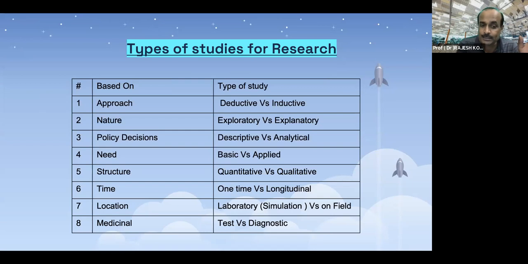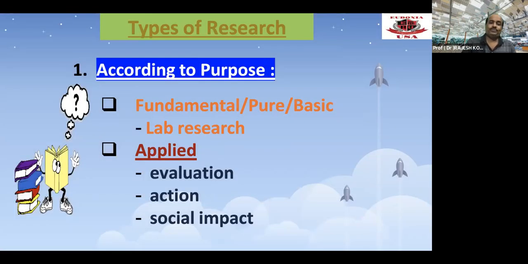Time, depending upon the availability of the researcher: one-time or longitudinal. Location: whether you are doing it in a laboratory, in a simulation way, on the field, or in the community, or in social ways. Next, in medicine, in a clinical setting, it is a field test or diagnostic. These are some of the types of research studies we can carry out.